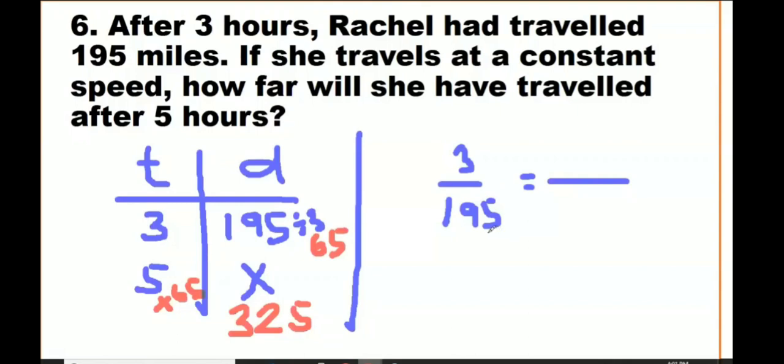So we will put the unknown consistent to that, which is the bottom right, x. And the given time is 5 hours. So again, check if you're consistent. 3 hours, 5 hours, 195 miles, unknown miles, right?